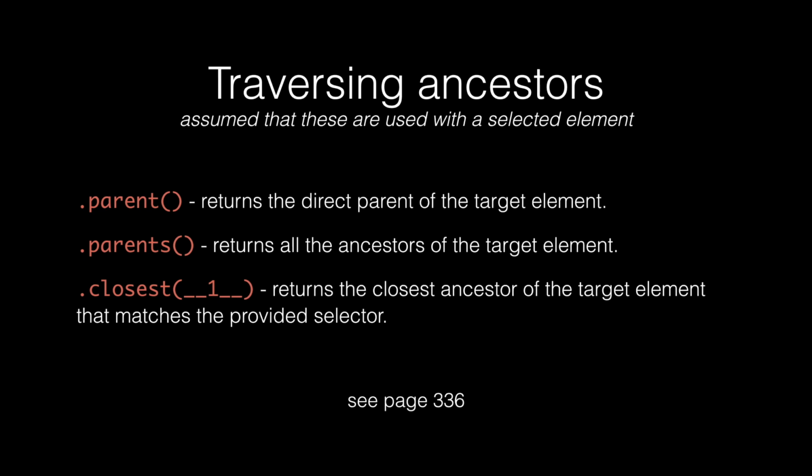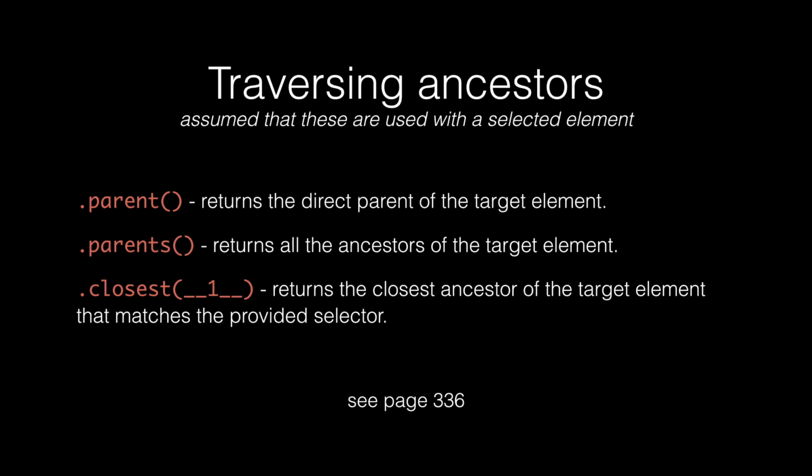But if we call parents, we would get body and HTML, because body is the direct parent of header and HTML is the direct parent of body, so we would get those 2 elements. So it's a little different from when we're doing descendant traversal, in that there could be any number of descendants and many branches underneath that. But when we head back up the tree, we're really going to have one parent, and that element will have one parent, and that element will have one parent if it has any at all.